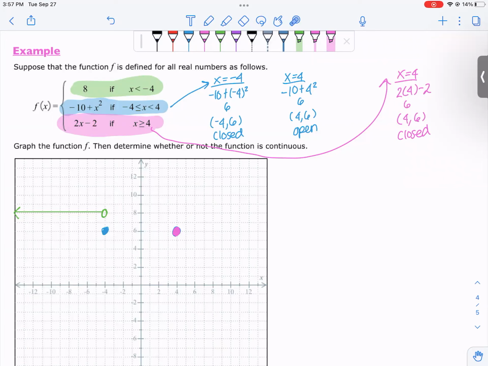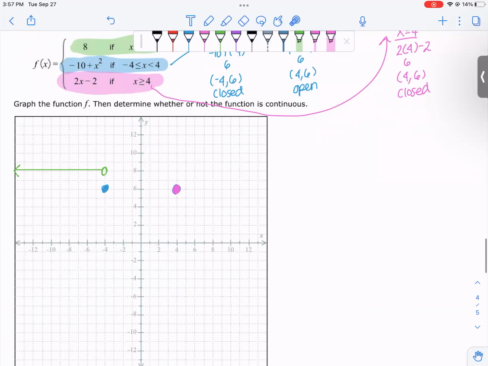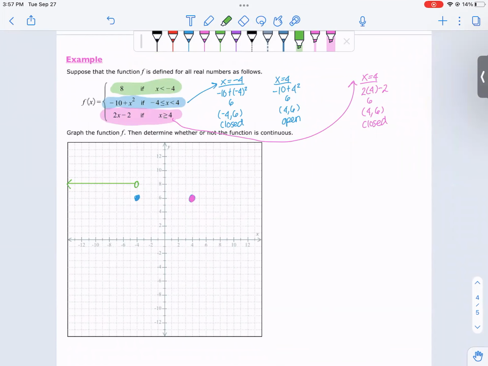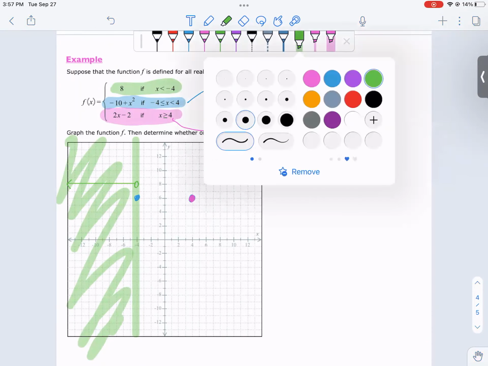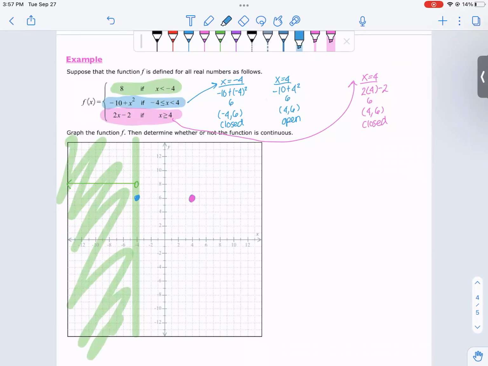Lines are easy enough. This is for greater than 4, so it's going to be over on this portion of the graph. If I wanted to highlight, the green portion should be all the way over here. Blue is between -4 and 4, so this portion should just have blue graph.